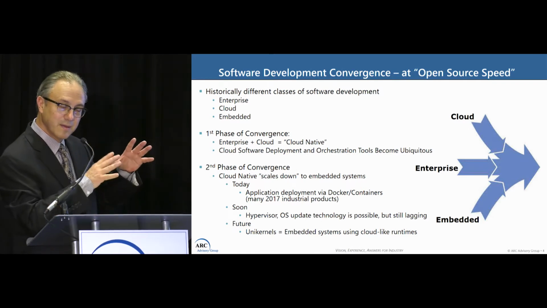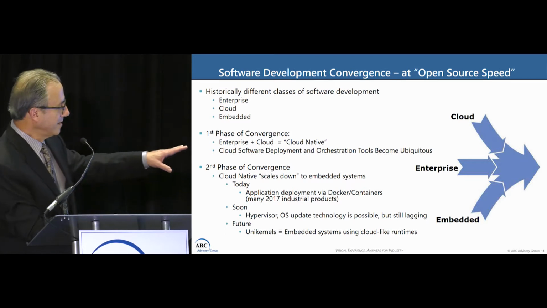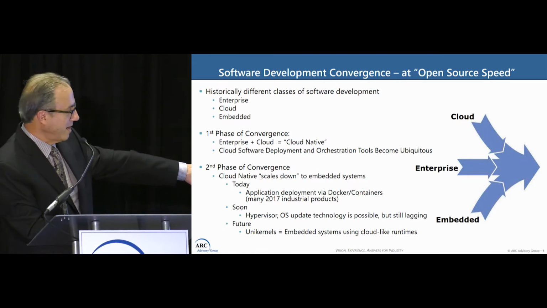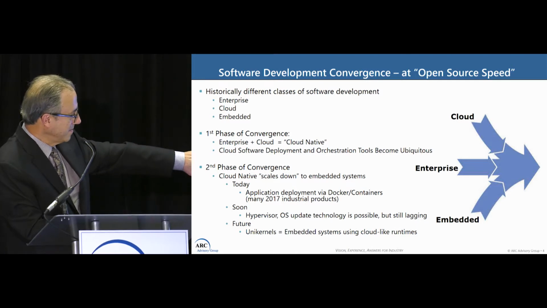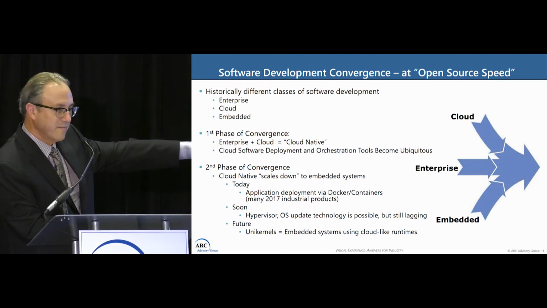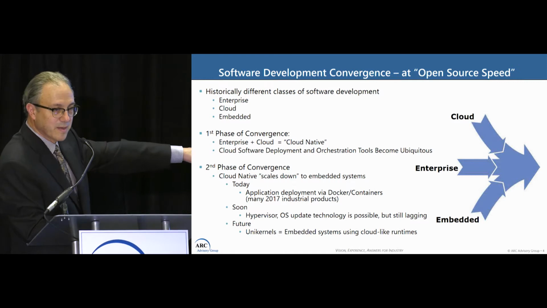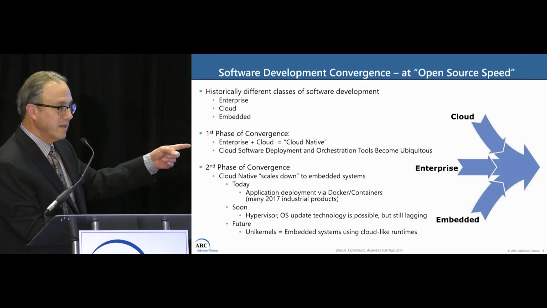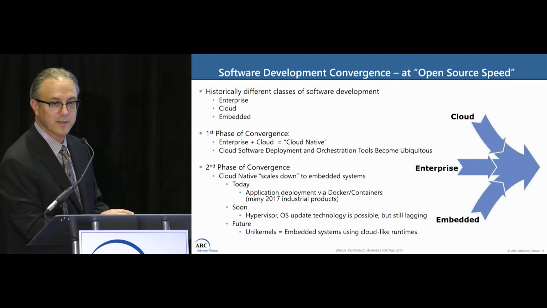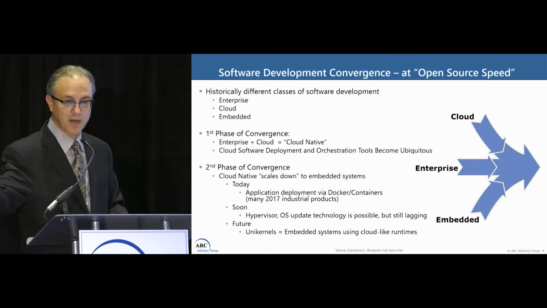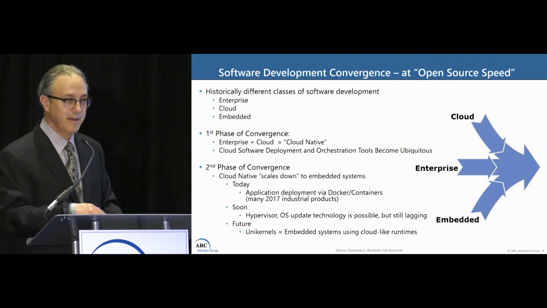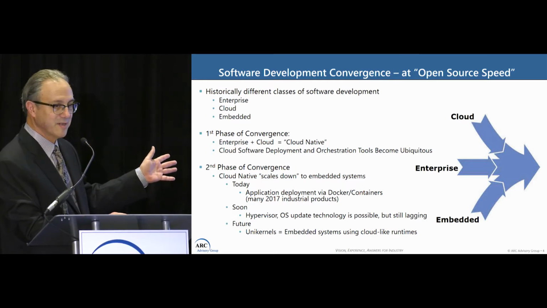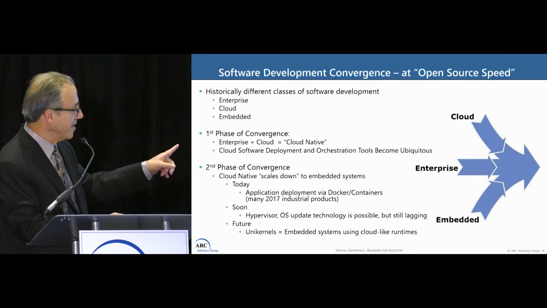So I think we'll see these kind of cloud tools scale down as right now we see, for instance, a lot of the edge computing products in the last 2 or 3 years include the ability to run Linux containers and use the Docker tool for deploying and managing Linux containers. We've got a half a dozen products or more on the market that do that.